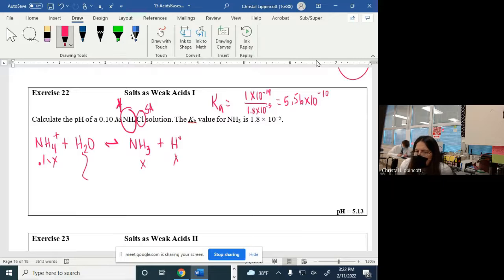All right. I can ignore this puppy, because that is a lot of orders of magnitude different. Yes? Okay. So that means that 5.56 times 10 to the minus 10 equals x squared over 0.1.